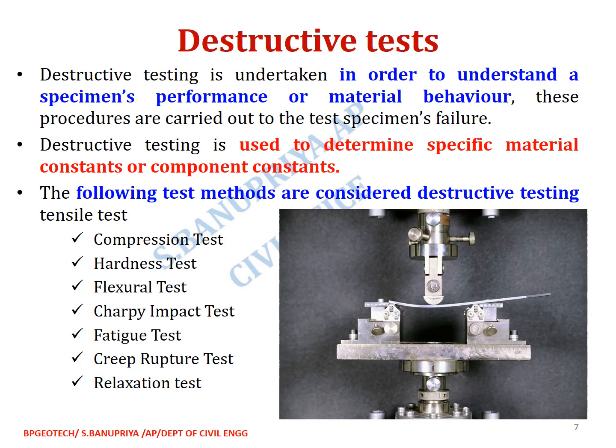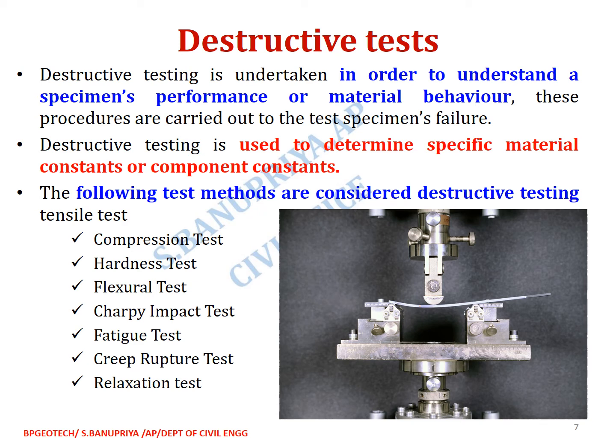Destructive testing means you take the material, apply either dynamic load or static load, and make the material fail or deform. The surface of your material surely gets damaged. By applying the load and making a sample fail, if you are finding a certain property of the material, those tests come under destructive testing.